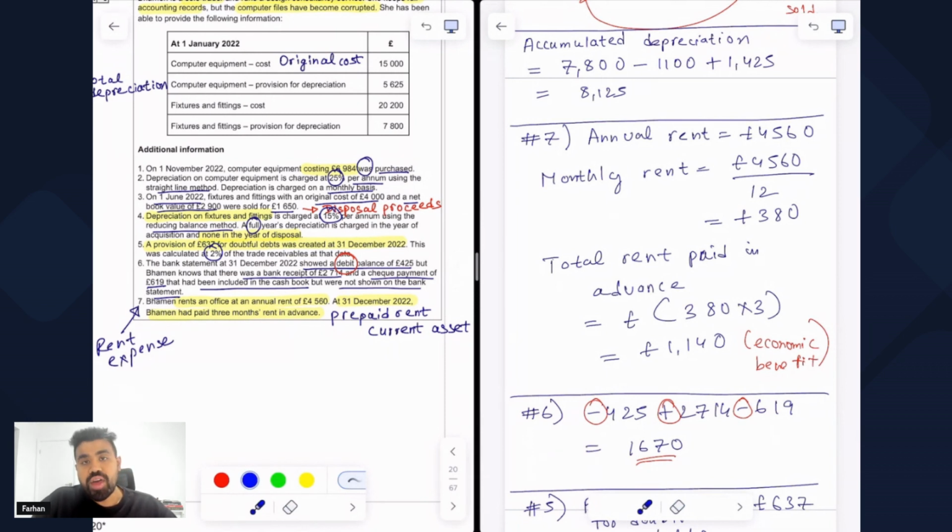Since we are preparing the books at 31 December 2022, this amount hasn't been utilized by Vaughn, and Vaughn has some economic benefits attached with it, and we can classify this as a current asset. On the other hand, the landlord would have received this rent in advance, and from the landlord's perspective, this would be an obligation to fulfill the duty by allowing Vaughn to rent out the space in the next 3 months.